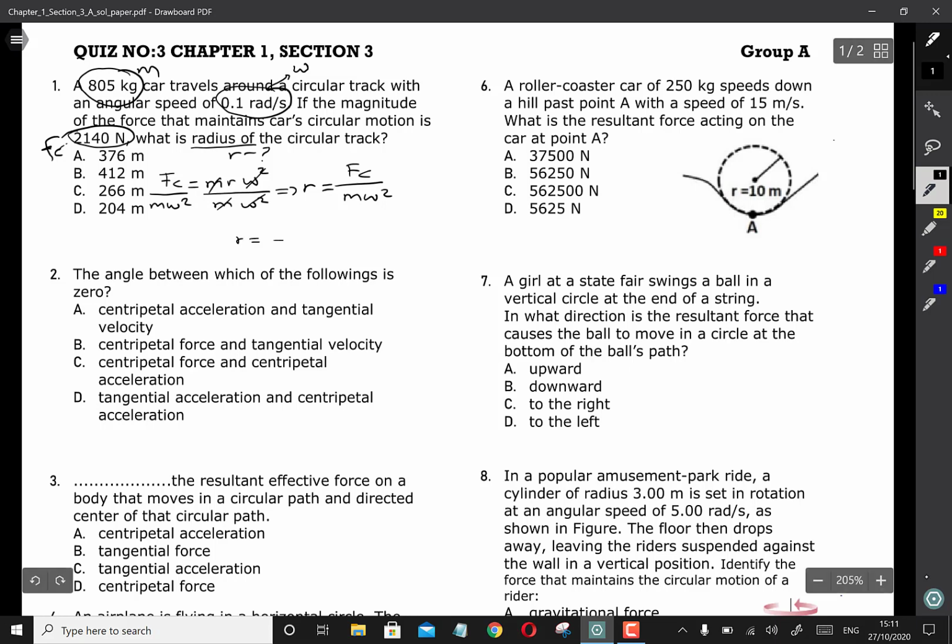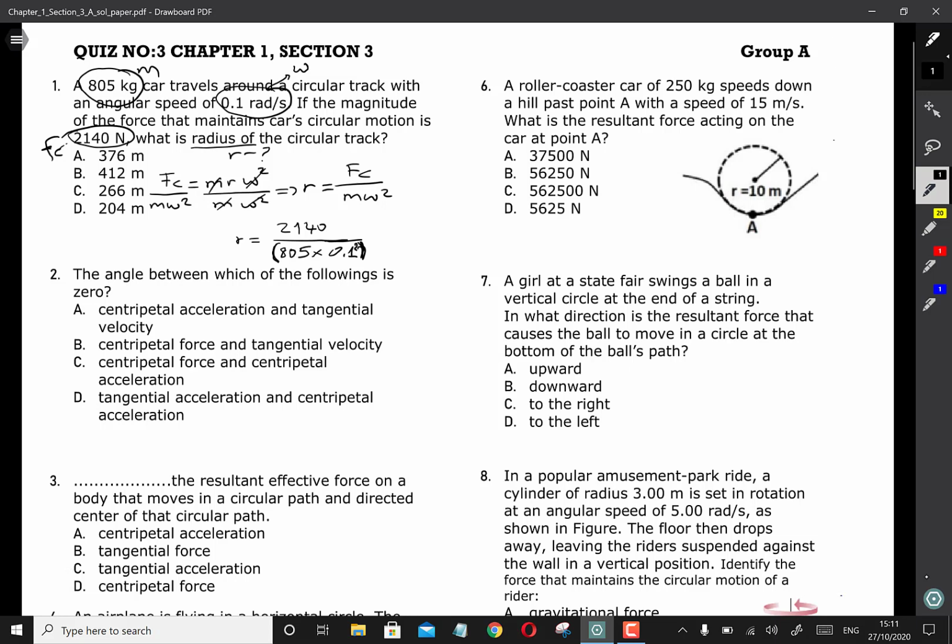So let's insert the given into the equation. R is equal to centripetal force, 2,140, divided by the mass of the car, 805, multiplied by angular speed squared, 0.1 squared. We should put this into brackets. The denominator must be taken into brackets in calculation.